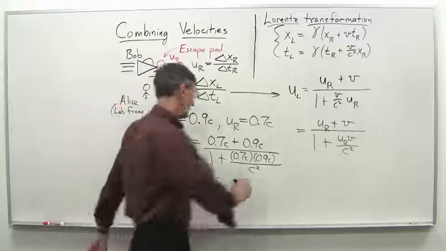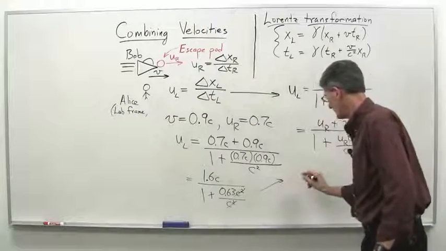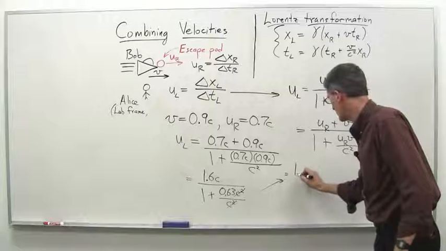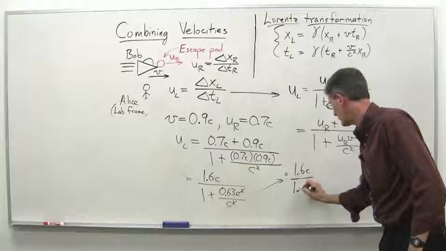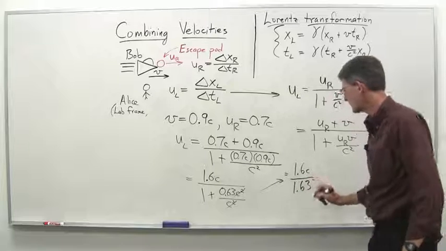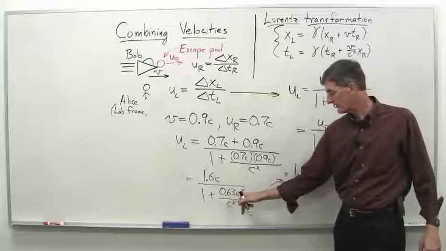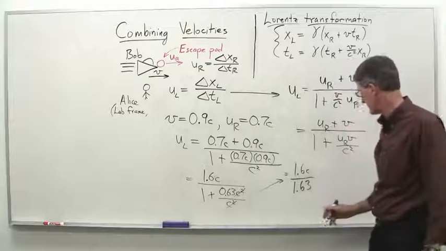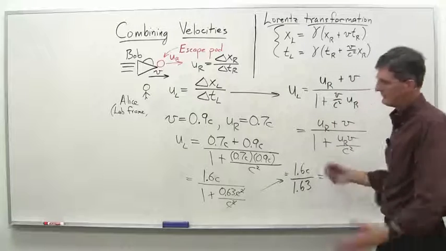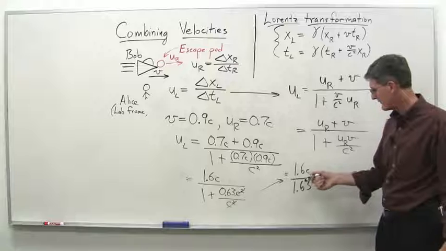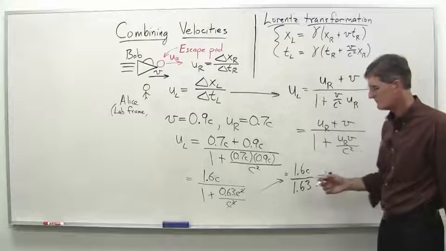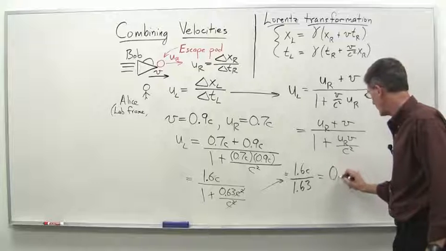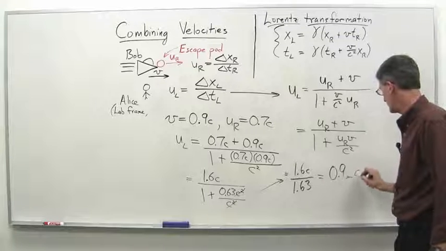And look what I'm left with over here. This equals 1.6 c all over 1 plus just 0.63. The c squareds are gone there. So this becomes, get out your calculator and figure this out, but it looks like roughly 0.9-something c here.